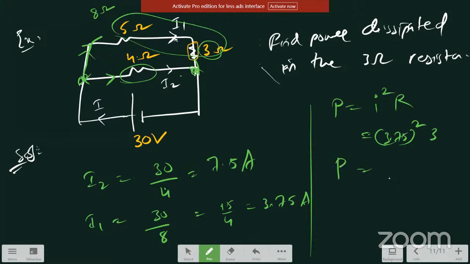Can someone comment me this answer? 3.75 squared is 225 by 16, into 3, which is 42.18 watt.